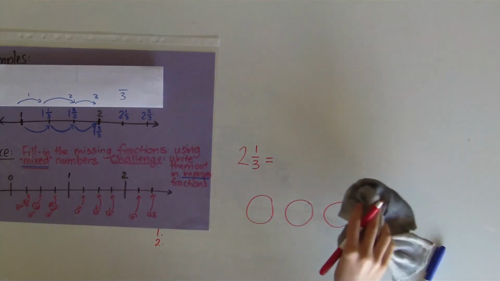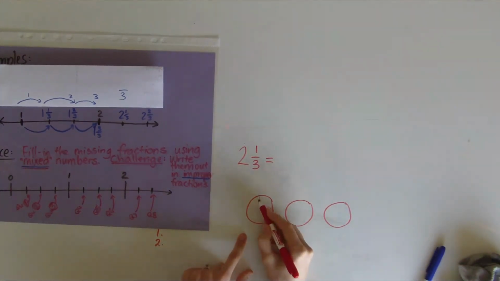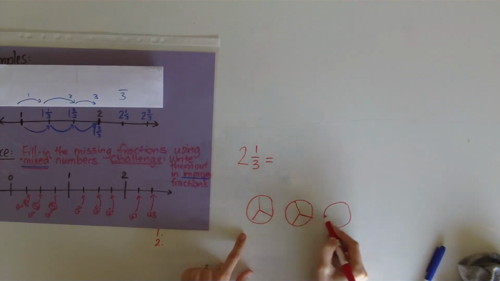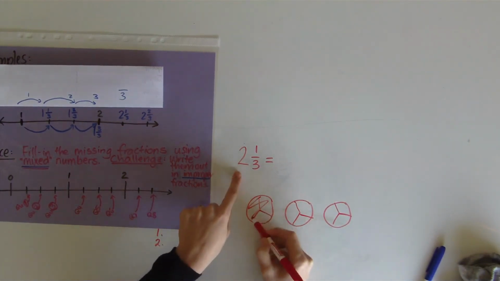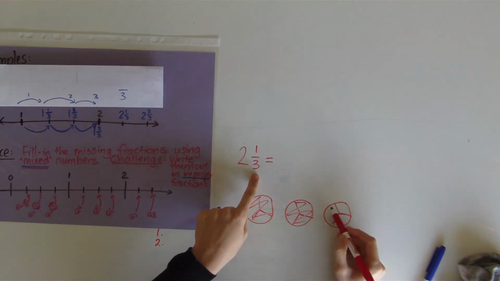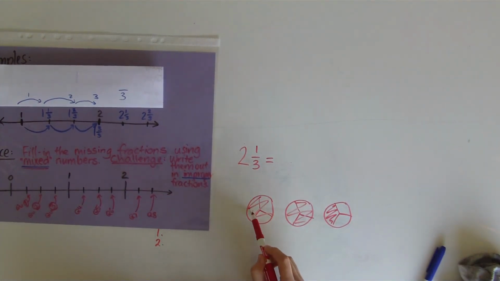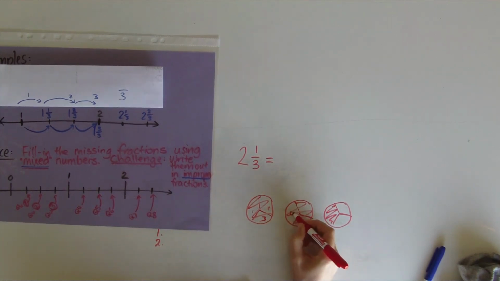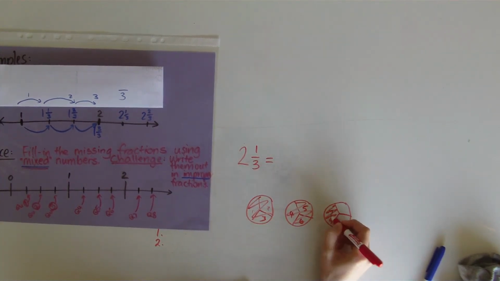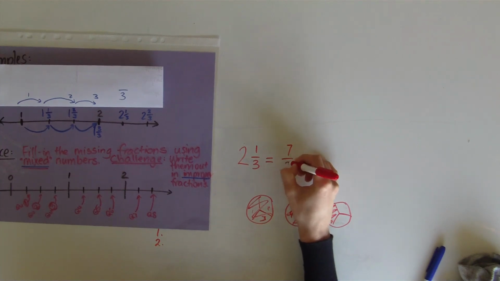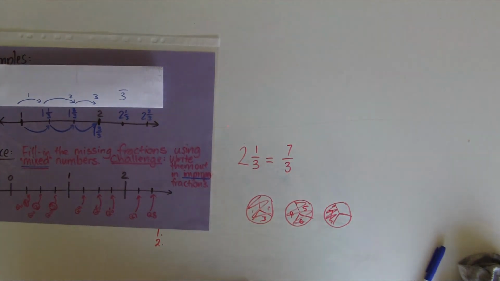So I know I've got 2 and a part. So I'll just draw the parts again. So we've got 1, 2, and then 1/3. So I know there are 1, 2, 3, 4, 5, 6, 7. 7 over 3. So 7/3 are there.